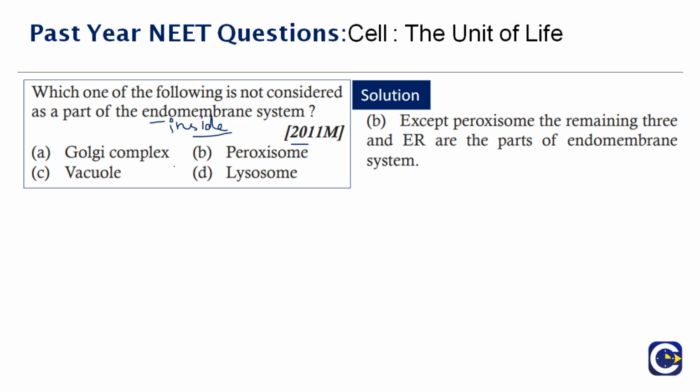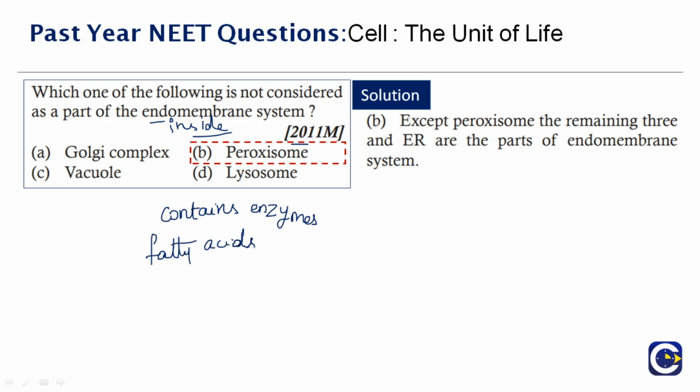So what is this peroxisome? It contains enzymes that will oxidize certain molecules normally found inside the cell, especially fatty acids, and it can be amino acids.